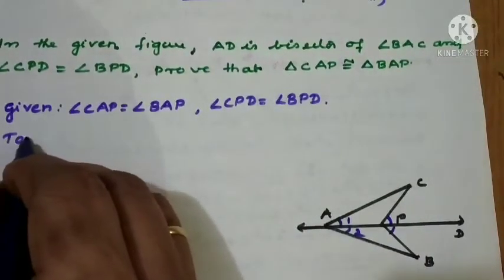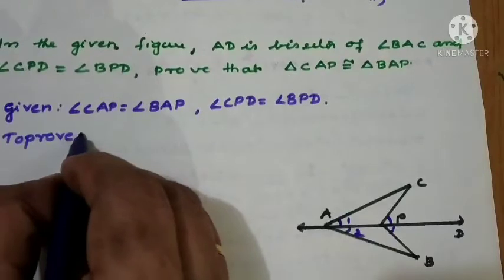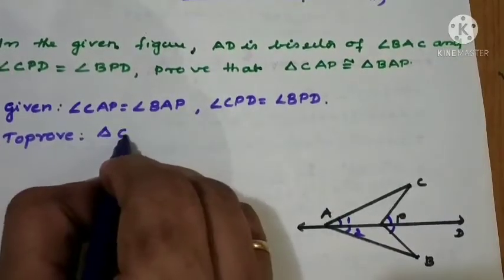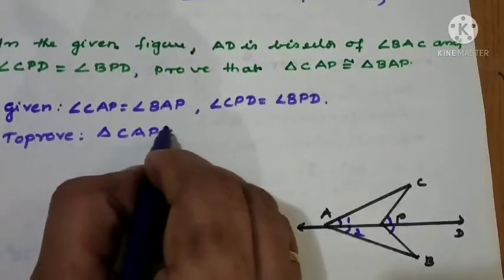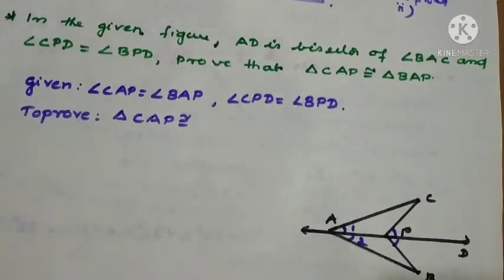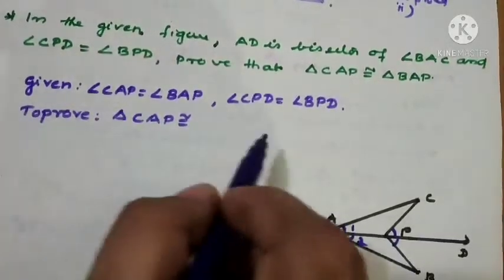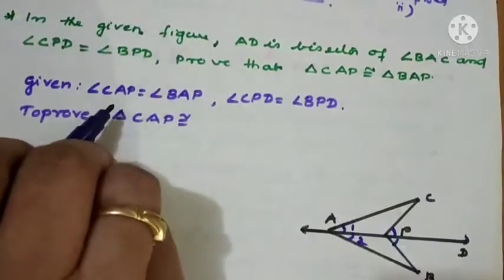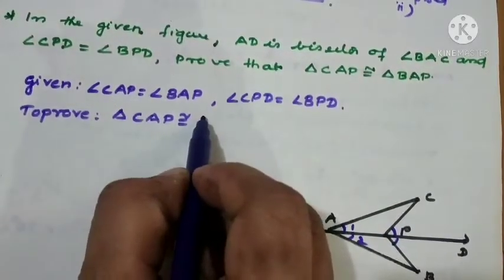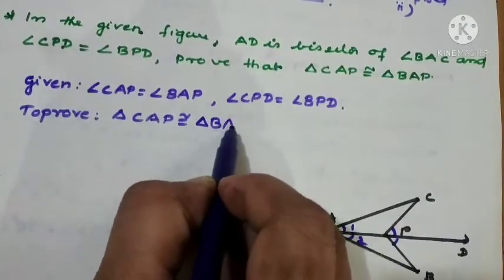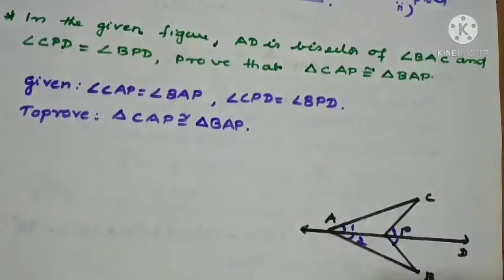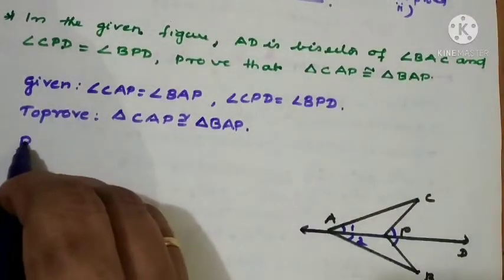To prove triangle CAP congruent to, we have to prove that triangle CAP congruent to triangle BAP. Okay. No construction. Now proof we can write.